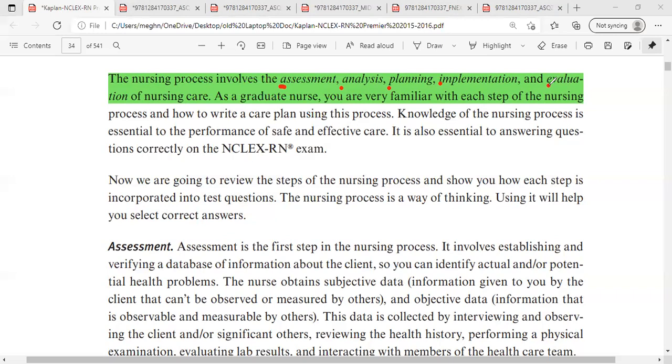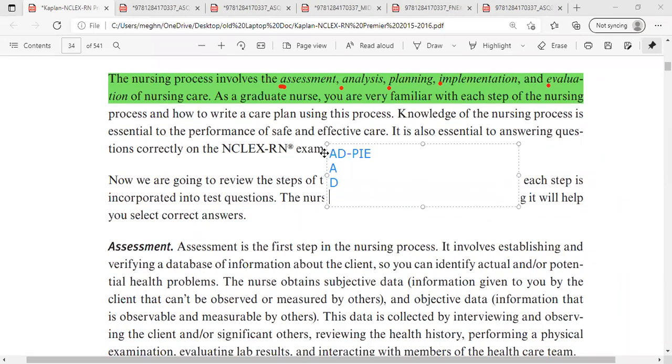An easy way to remember it, I said, is ADPIE: A for assessment, D for diagnosis, P for planning, I for implementation, and E for evaluation, right?